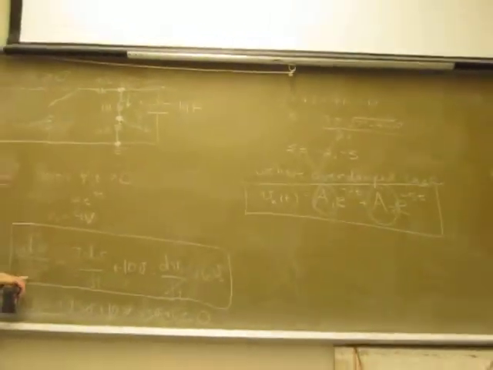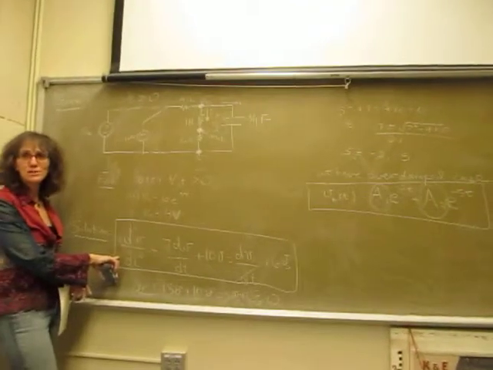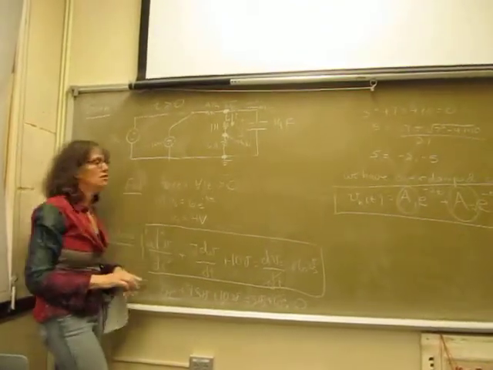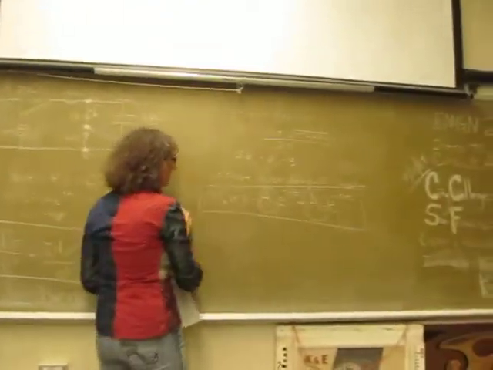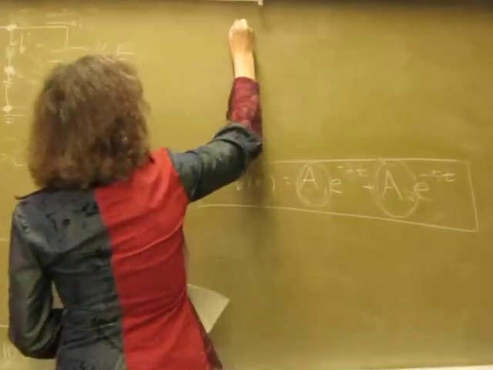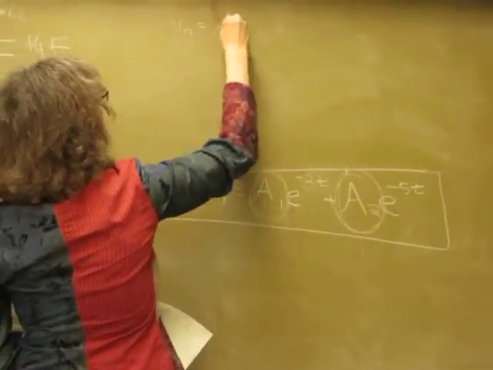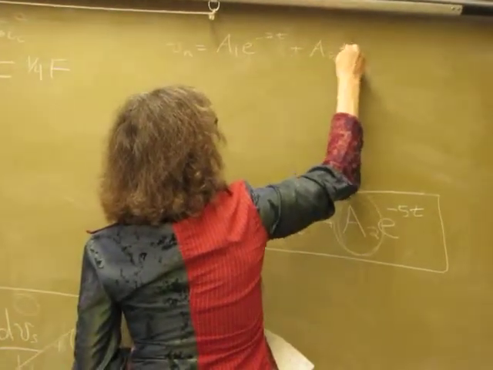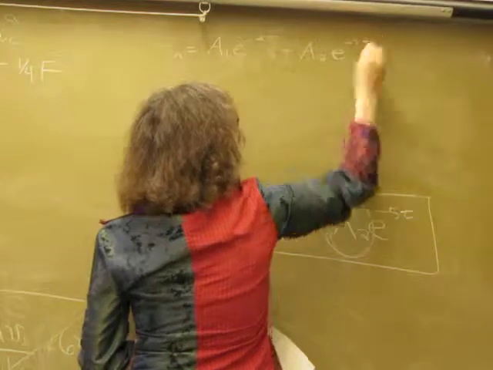I'm much more interested in finding the forced part of the solution, and then I'll put it together and use those initial conditions to find these two constants. So let me put this up here: Vn is equal to A1 e to the minus 2t plus A2 e to the minus 5t.